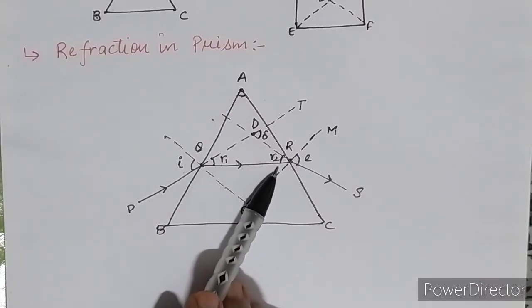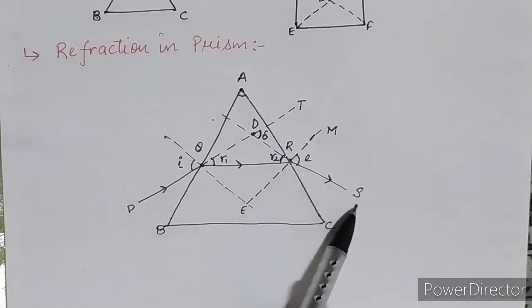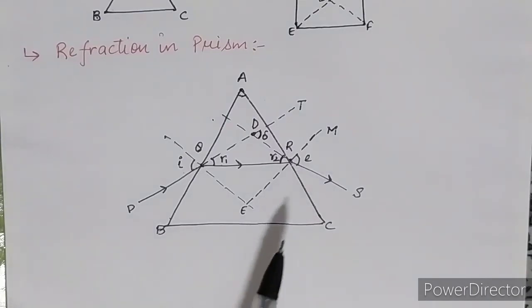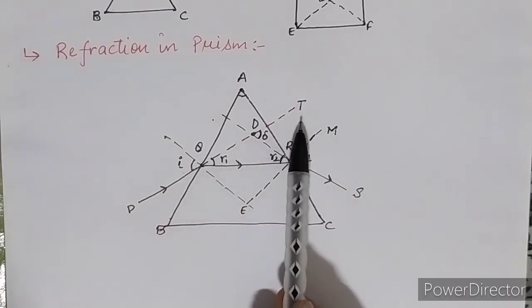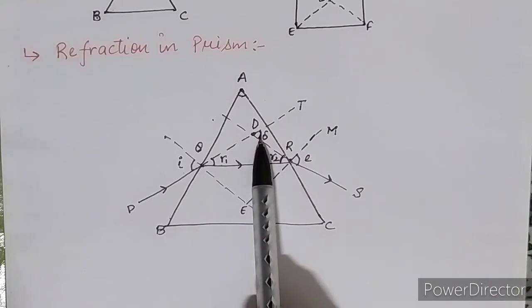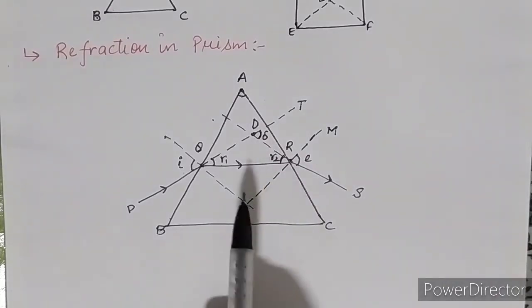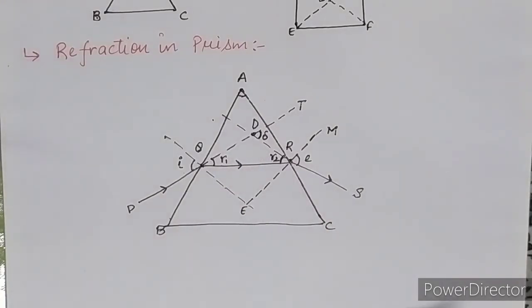So R1 and R2 are both angles of refraction, and angle E is your angle of emergence. The deviation of the incident ray by the prism is your angle of deviation del. Okay, the refractive index of the material of the prism is N. We are taking the refractive index as N.